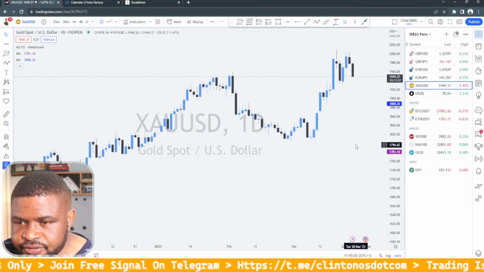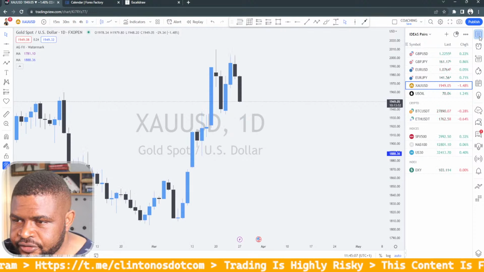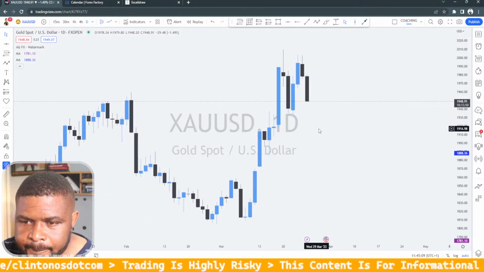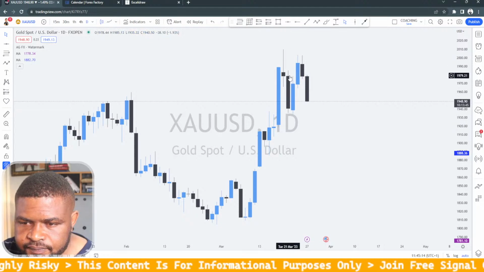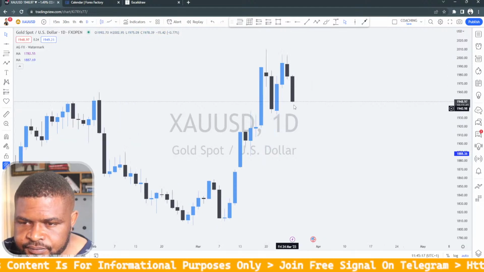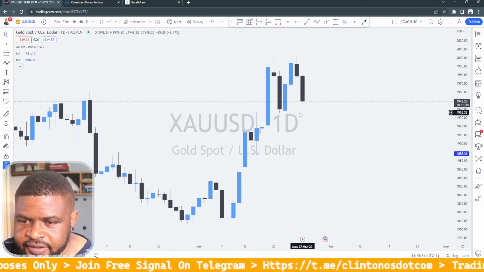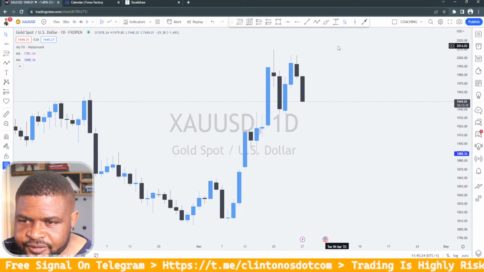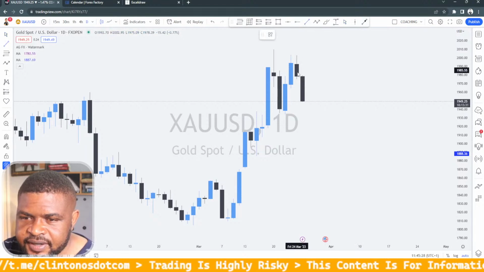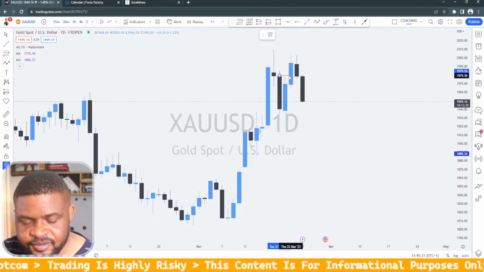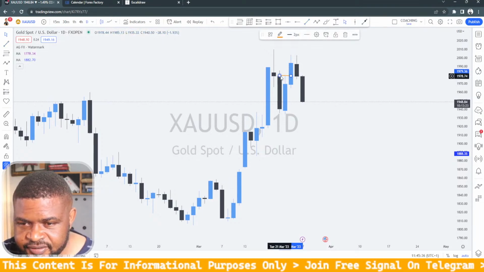Gold is moving. Gold is moving. Interesting double top pattern here, but I wasn't even checking this, so it's better you don't close above this, but it's fine.